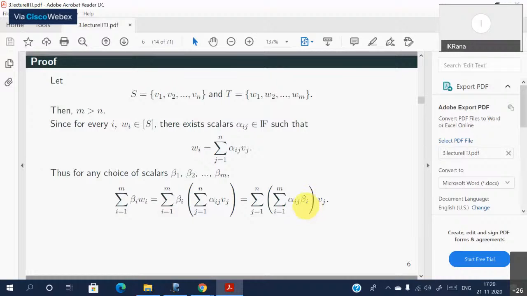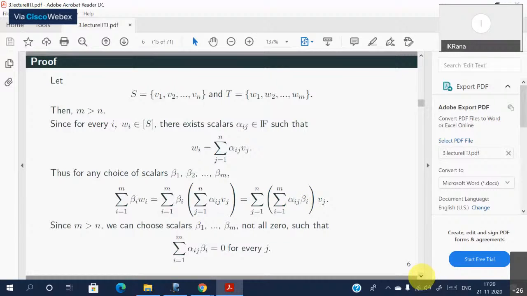Since m is bigger than n, if I look at alpha ij, then j is from 1 to n and i is from 1 to m, and I'm given m is bigger than n. So this is a system of equations where the number of equations is more than the number of variables. So I can always find a non-zero solution for it.